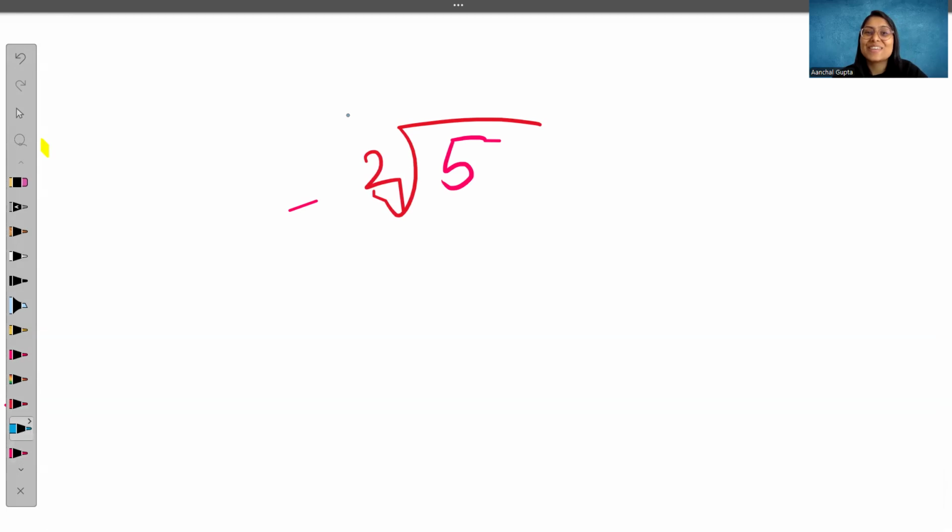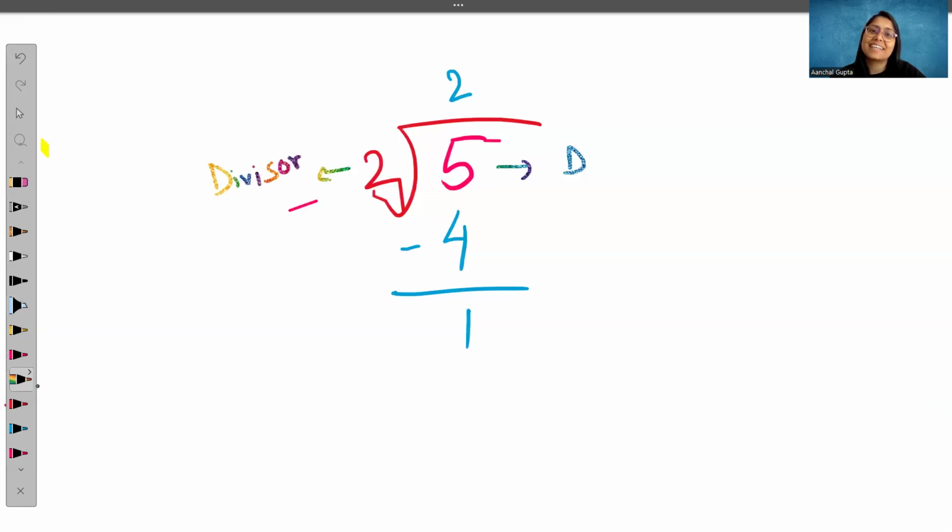We multiply with 2, we get 4, we subtract and bring down the remainder 1, right? So exactly here, 5 is the dividend, 2 is the divisor, 2 is the quotient and 1 is the remainder.